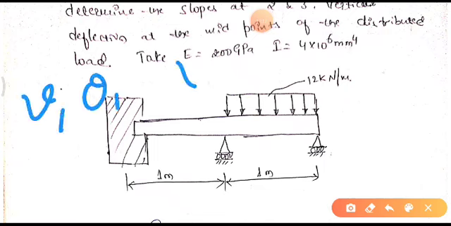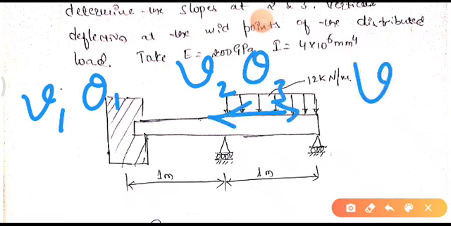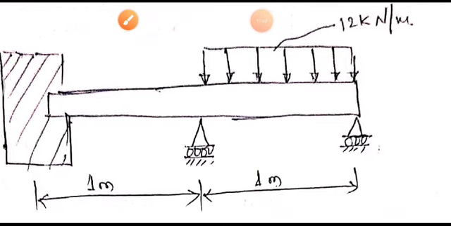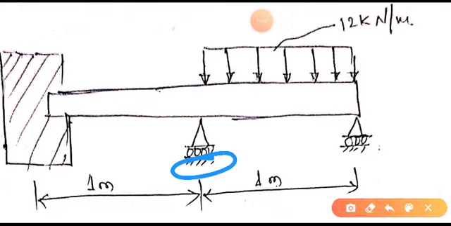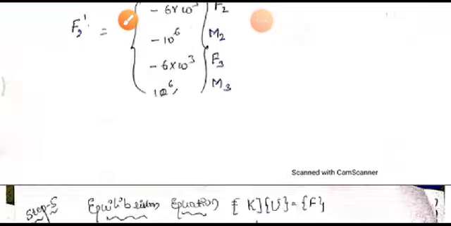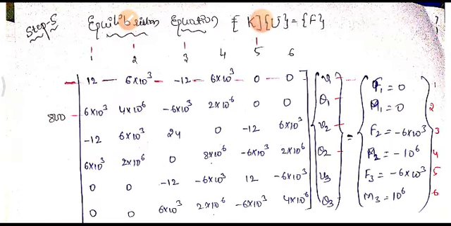Here V2 is fixed, whereas theta 2 is movable. V3 is fixed, theta 3 is movable. Here the horizontal and vertical displacements are restricted by these supports. Clear? So the same thing which we have written over here.